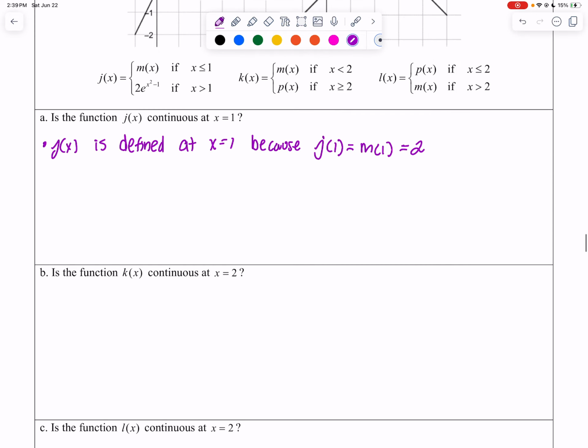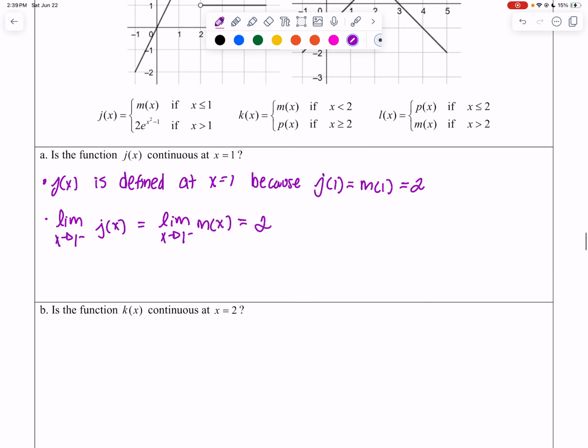Okay. Now I'm going to look at my limit notation. The limit as x approaches 1 from the left of j of x is equal to the same thing as the limit as x approaches 1 from the left of m of x. We saw that being 2. The limit as x approaches 1 from the right of j of x is equal to the limit as x approaches 1 from the right of 2e to the x squared minus 1.